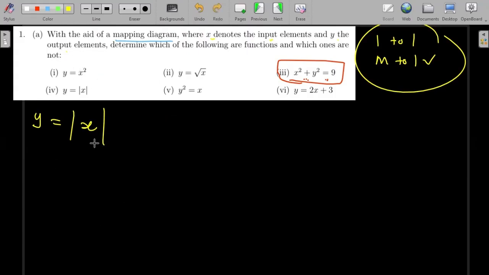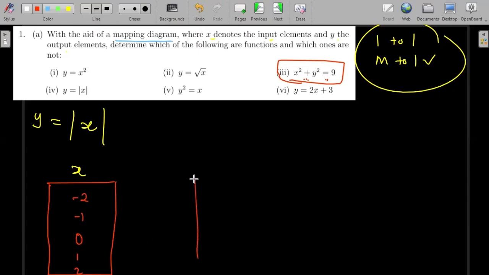Here I can pick any value of x that I want. My set x here can be anything, so I can just say -2, -1, 0, 1, 2. And then what will be my set y? It will be based on this equation.